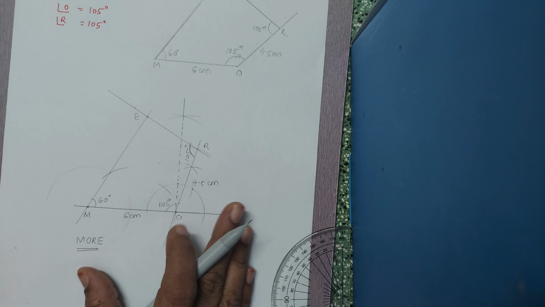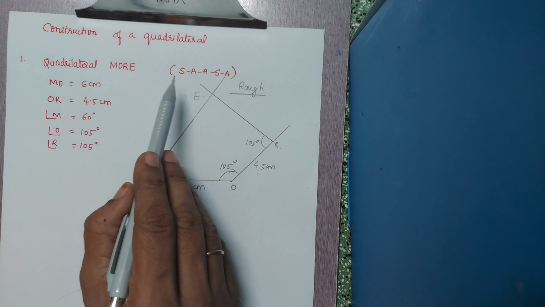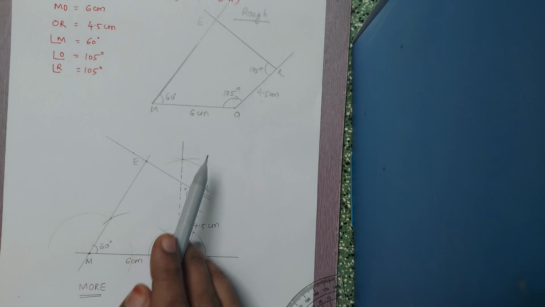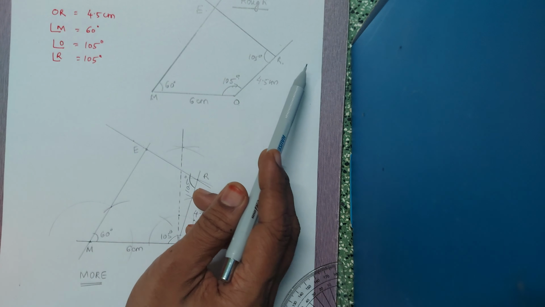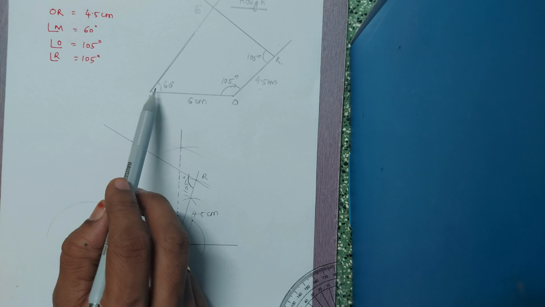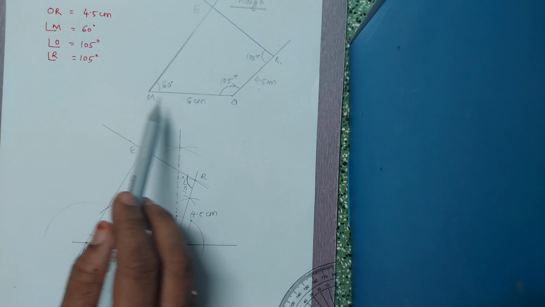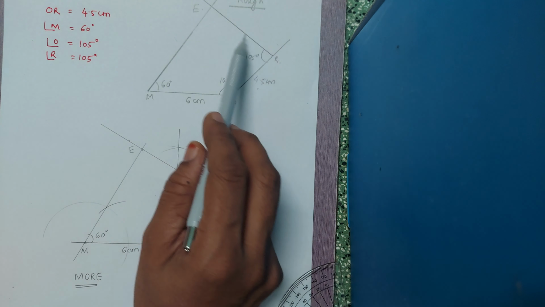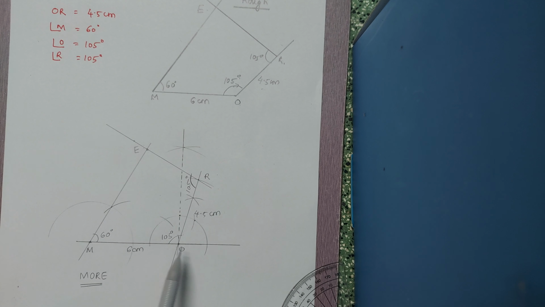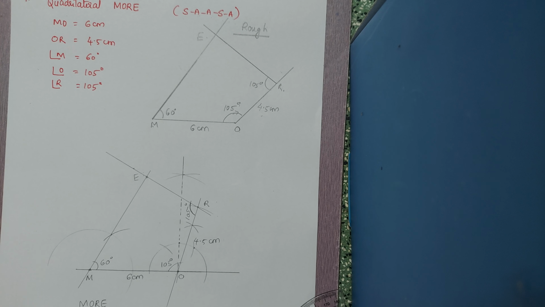The very first step for a quadrilateral construction is that we need a minimum of 5 measurements. First step is to draw a proper rough figure, approximately mentioning the angles and all the given measurements. Using the measurements, we construct the quadrilateral one by one. Thank you.